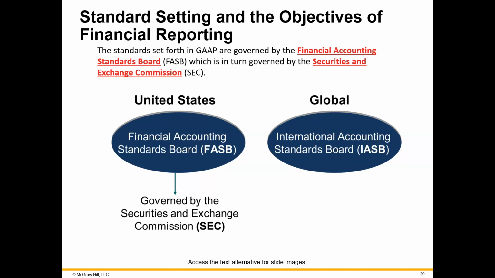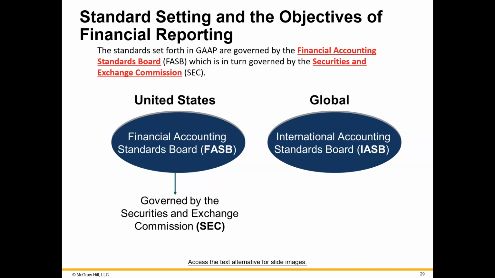Actually, the way it really broke down was in 1933 and 1934, they created the Securities Act and the Securities Exchange Act, right? The one in 1933 set forth some disclosure requirements for the initial offering of stocks.